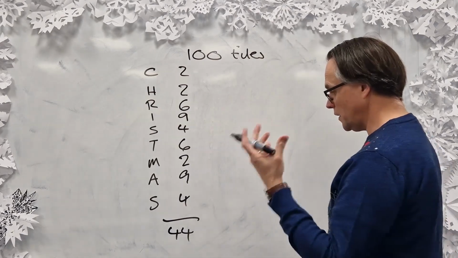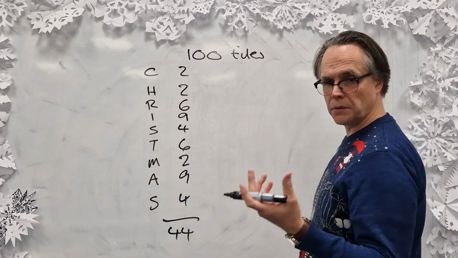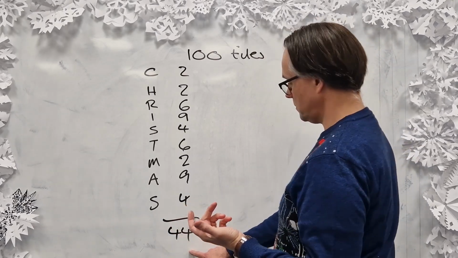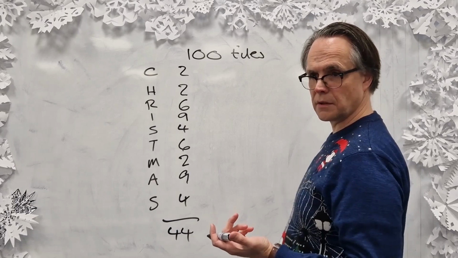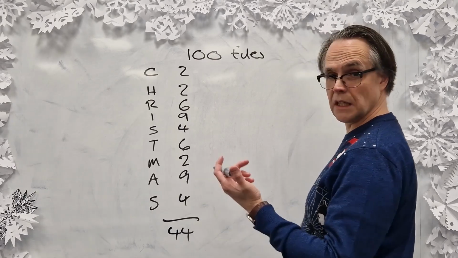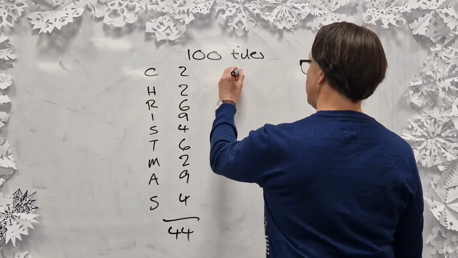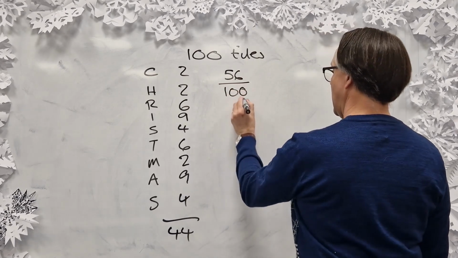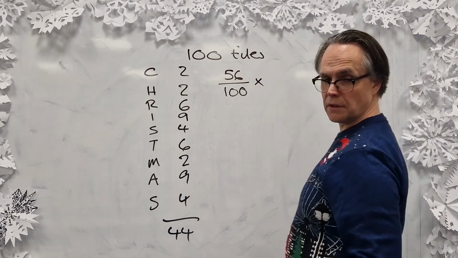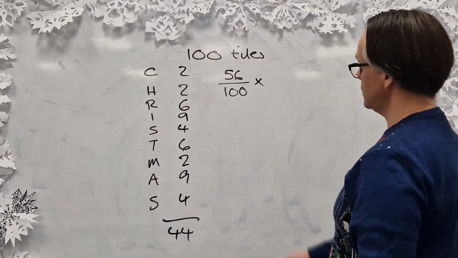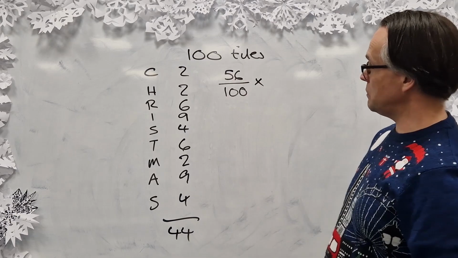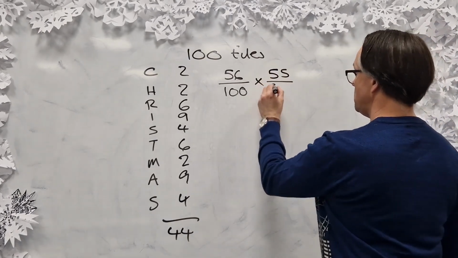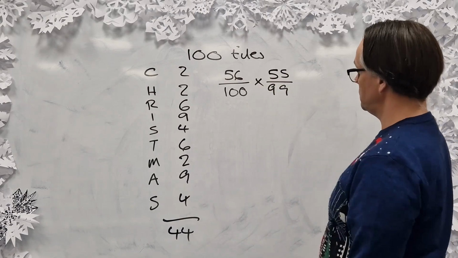So it's quite straightforward, isn't it? The first letter she takes out has got to be none of those 44. So what's 100 minus 44? 56. You've got 56 choices out of 100. And then the next one that is taken out, if she's successful here, there's going to be 55 left, but there's only going to be 99 letters left.